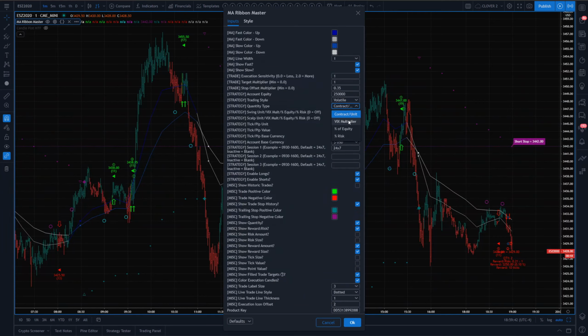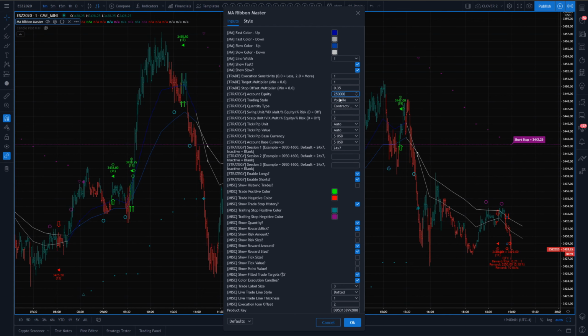If I use VIX multiplier, I won't actually show it here, but the VIX multiplier basically uses a simple algebraic formula to look at what the current VIX price is and looks at my current account equity shown up here. The account equity defaults at $100,000, and that account equity will affect the contract sizing for VIX multiplier, percent of equity, and percent risk.